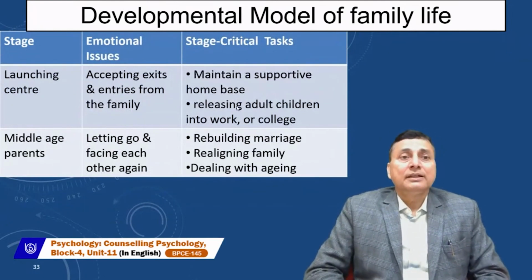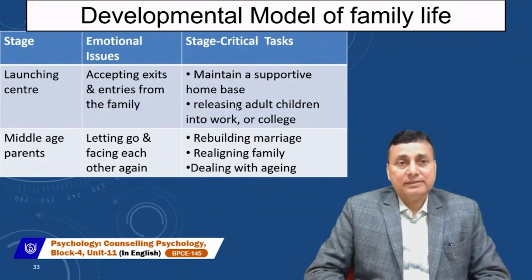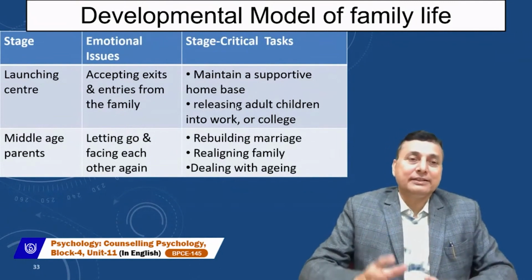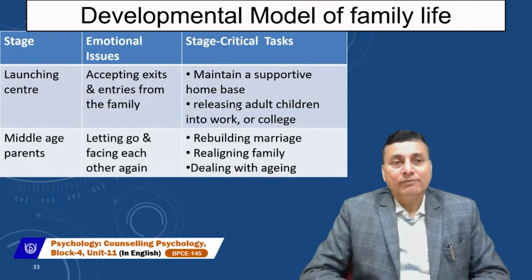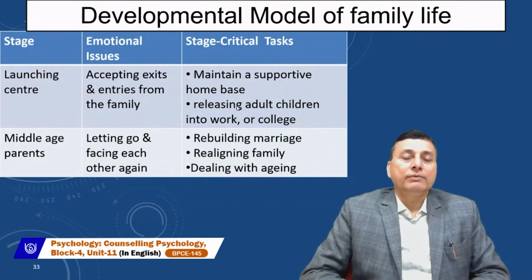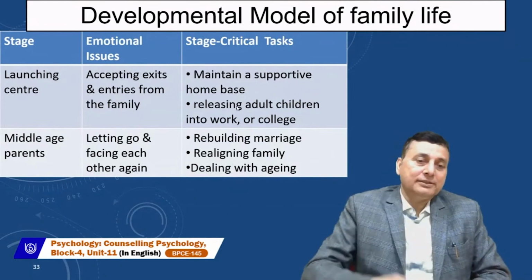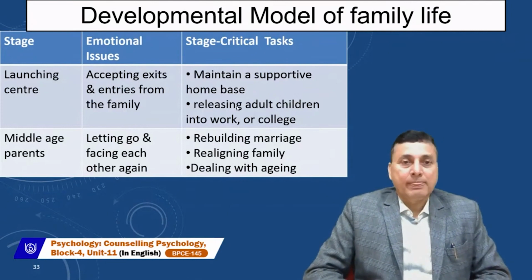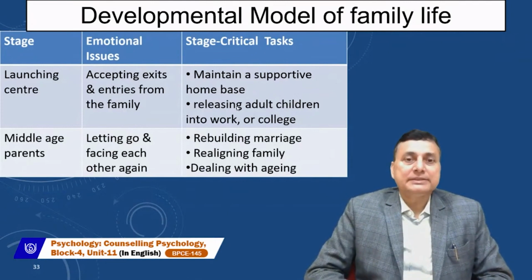Launching centers, like accepting exits and entries from the family. Like after the marriage, some of the children move out from the family, or when they are going for higher study abroad or somewhere else. Maintain a supportive home base, releasing adult children into work or college.